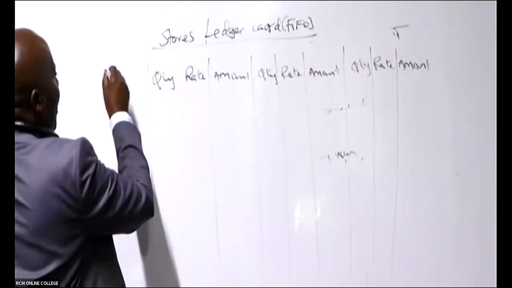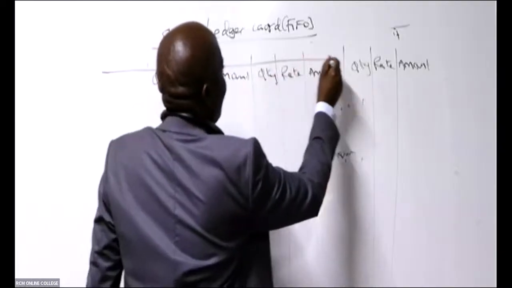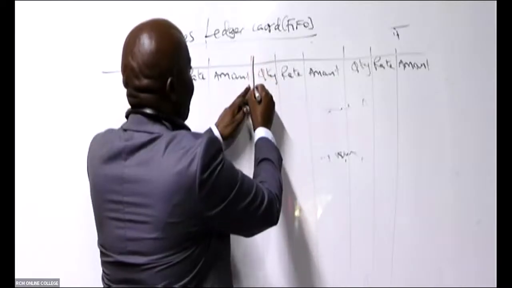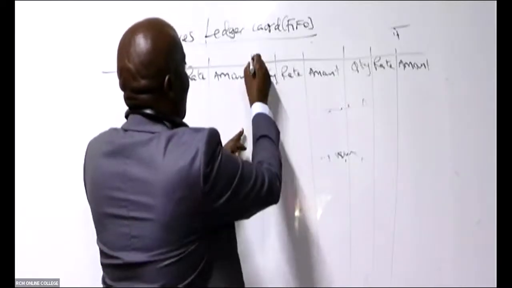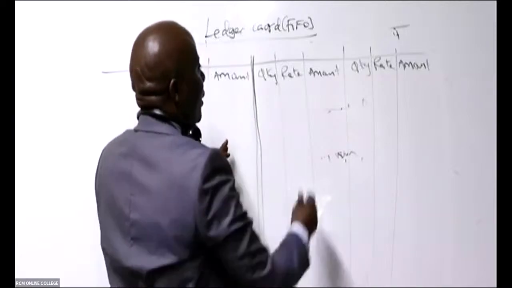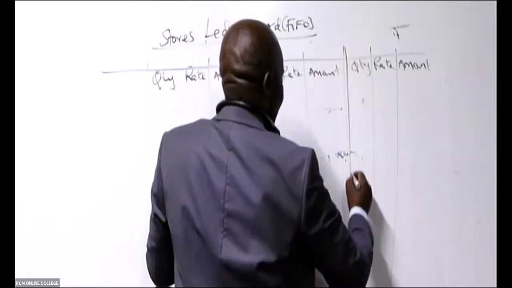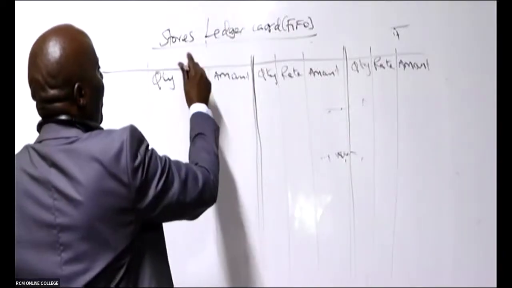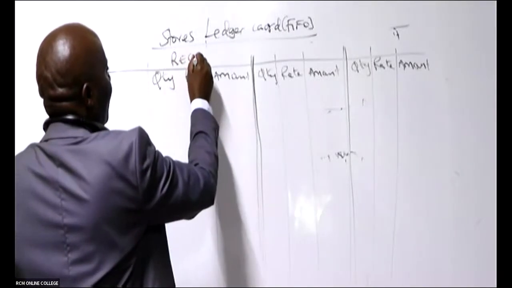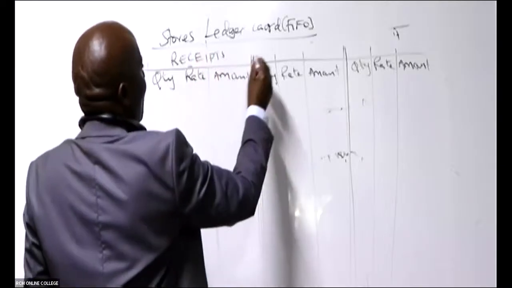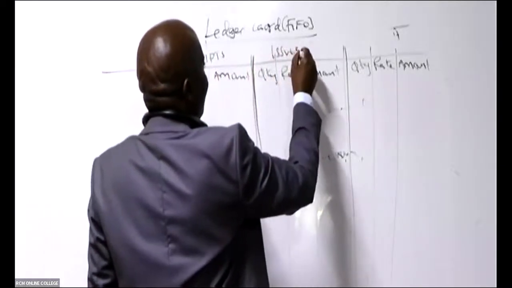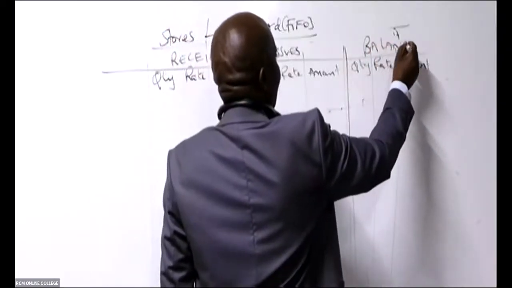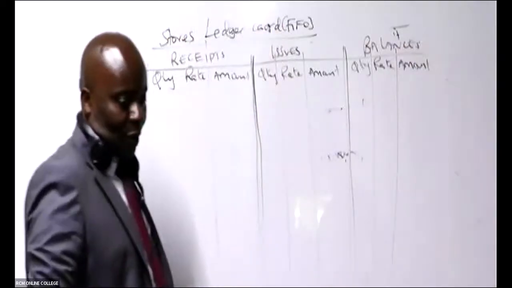So you come up here. At the end of the amount, you shall always have double lines. The first one here is receipts, then we shall have issues, then balances.